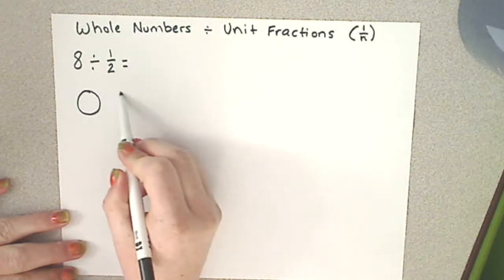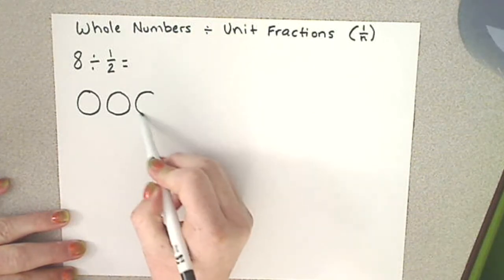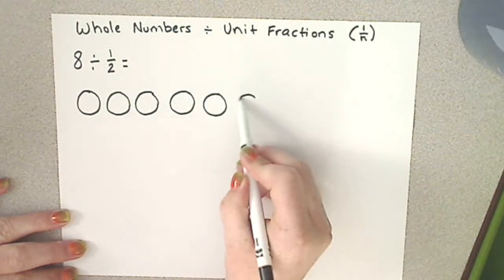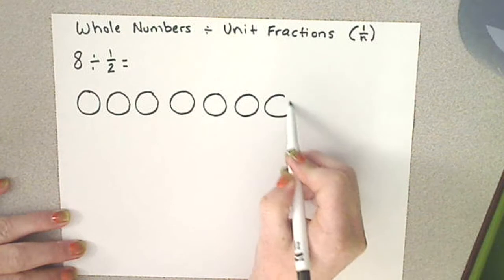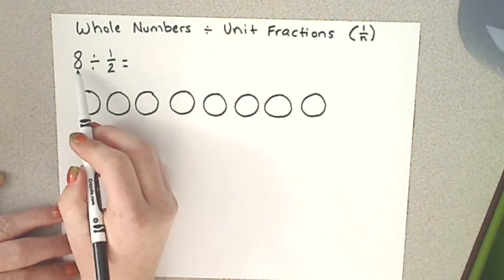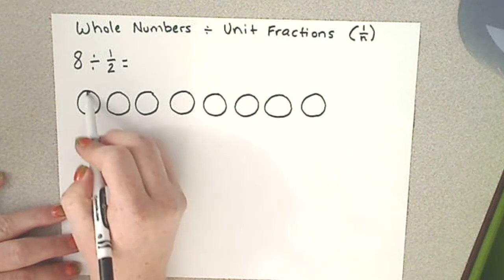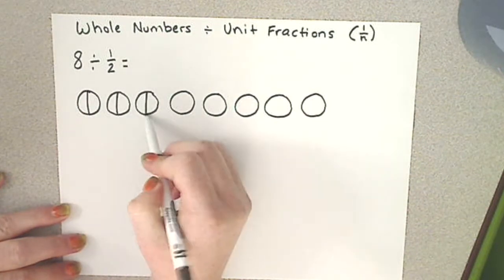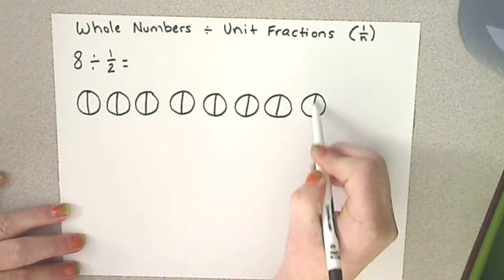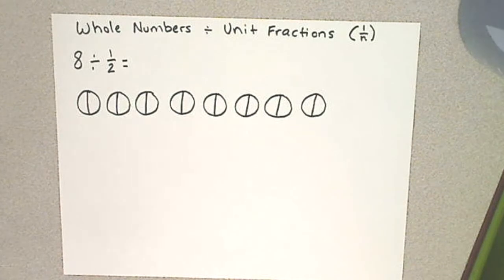So there's 1, 2, 3, 4, 5, 6, 7, 8. And these 8 wholes are going to be split into 2 pieces. Okay. And we need to know how many halves we have in these figures.